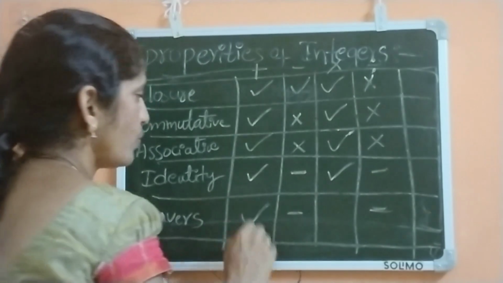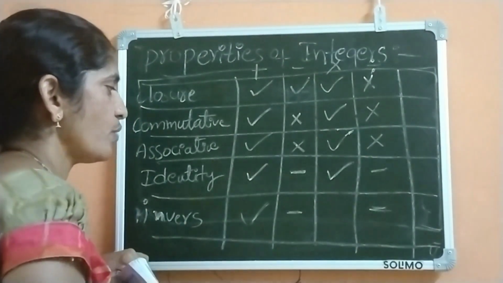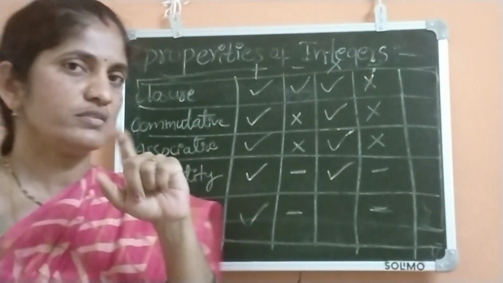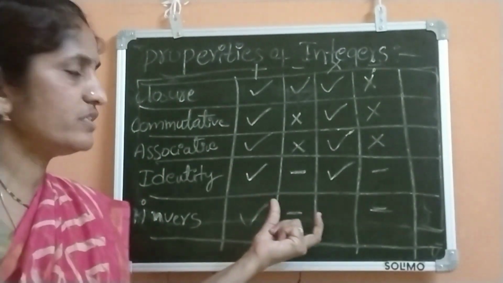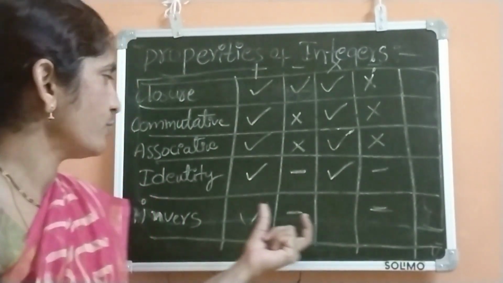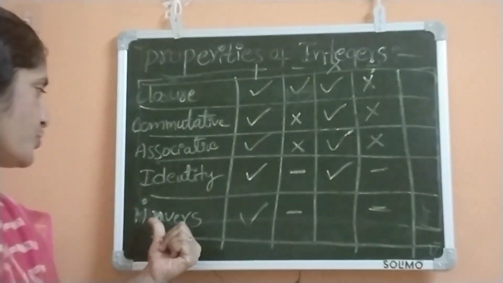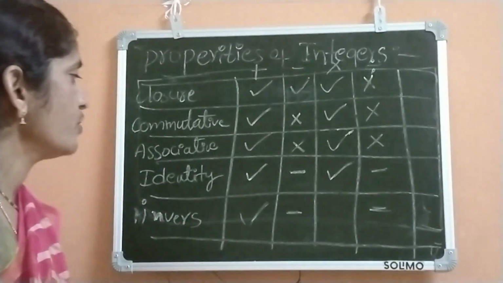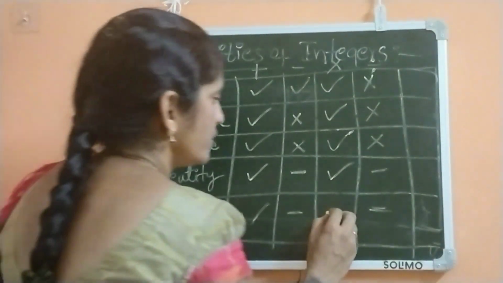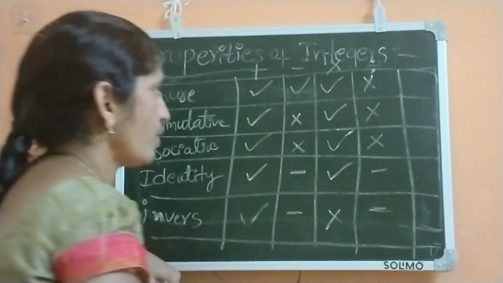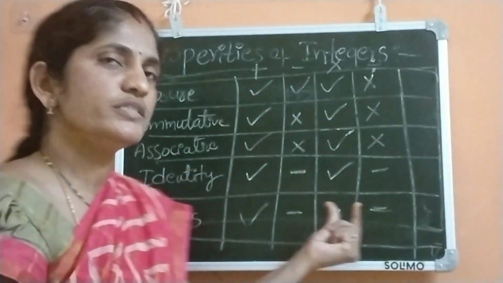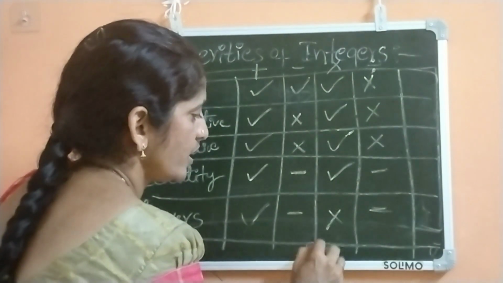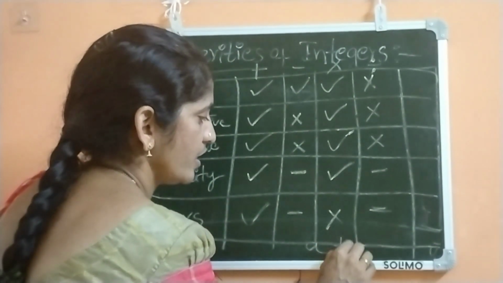Inverse property under addition is possible, under multiplication is not possible. Why? Because we are multiplying a with 1 by a, and 1 by a does not belong to Z. So this is the whole and soul table about the properties of the integer system.